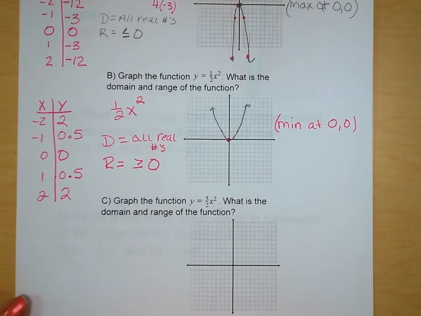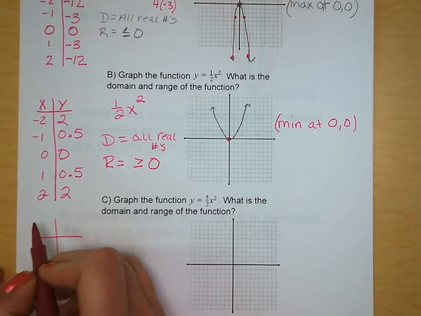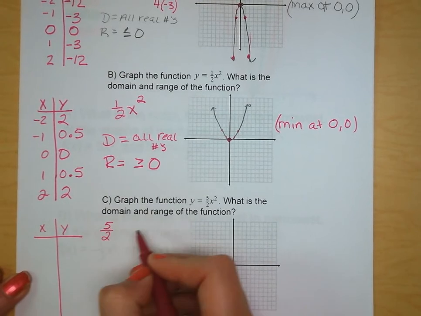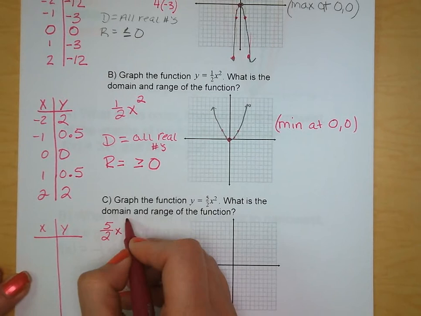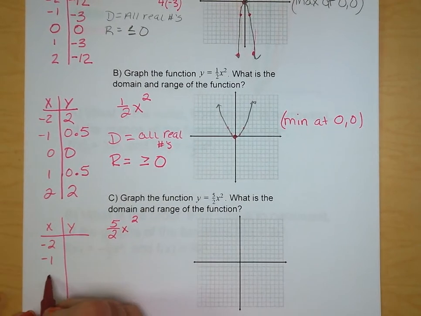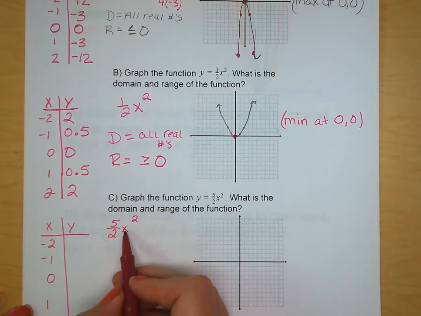All right. Letter C, we've got the function y equals 5/2 x squared. We're going to use our same inputs, -2, -1, 0, 1, and 2. And -2 squared, again, is 4. 4 times 5/2 is 10.